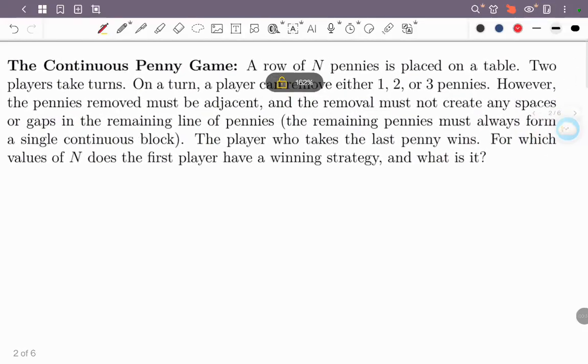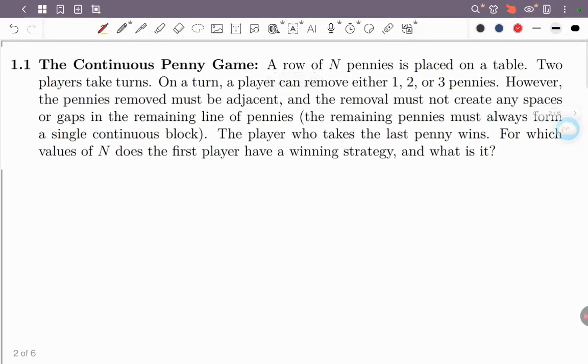So how can we do that? See, there is one piece of advice in this type of problem: always try to see small cases. So let us start.